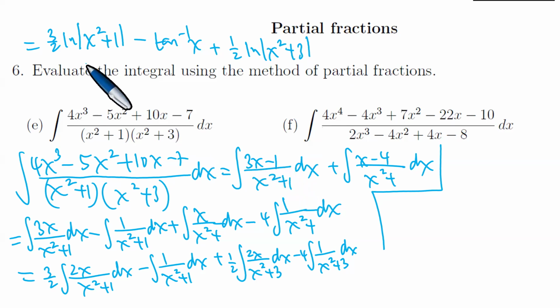Okay, 3 over 2 the ln of that, 1/2 the ln of that, minus that one, and we just need to get this one.